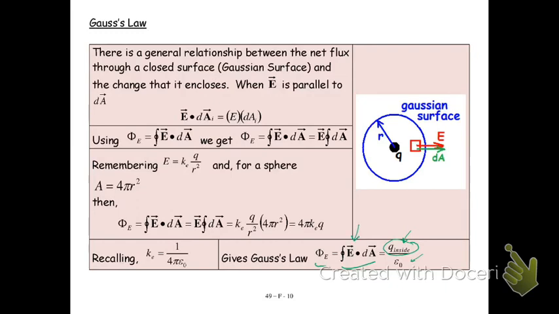That's what I'm going to use Gauss's law for. I'm going to develop it, but then use it to calculate the electric field at a given point in space in ways that I could not use Coulomb's law to do. Coulomb's law is great, but at some point it's too complicated. This kind of takes over. So that's what we're going to go to next time.